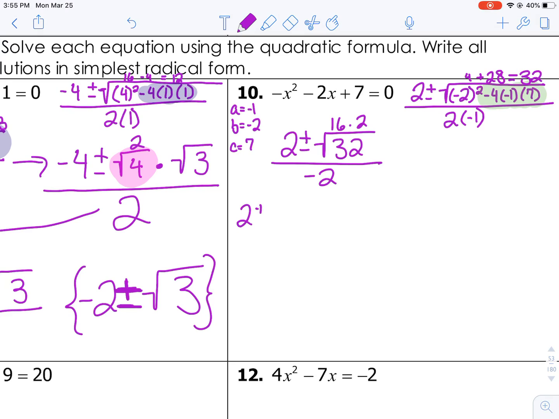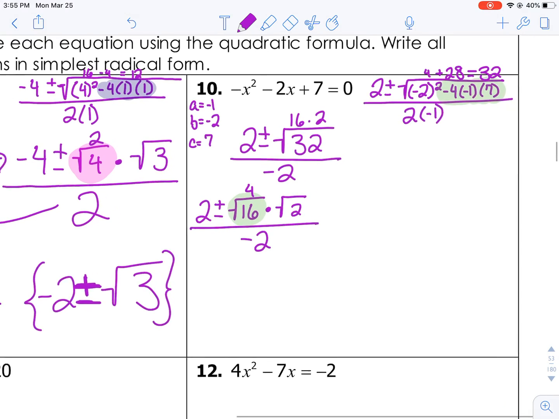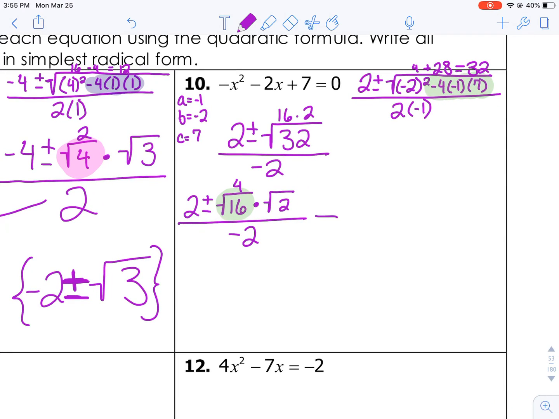So 2 plus or minus the square root of 16 times the square root of 2 all over -2. That square root of 16 I can simplify down to 4. So I'm taking that into 2 plus or minus 4 times the square root of 2 all over -2.